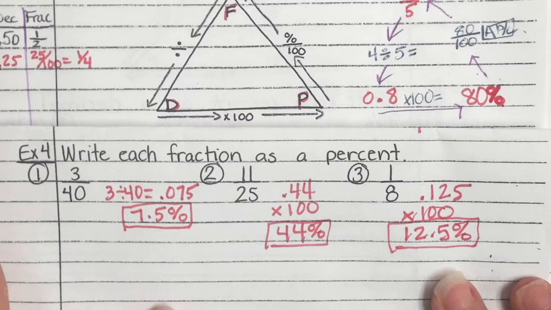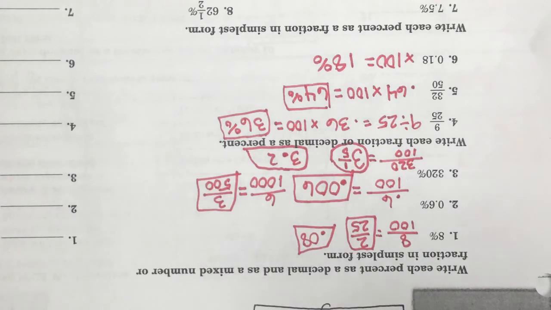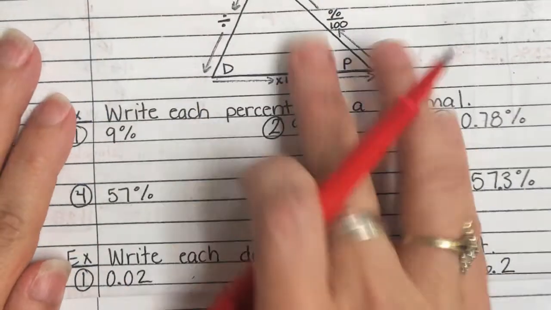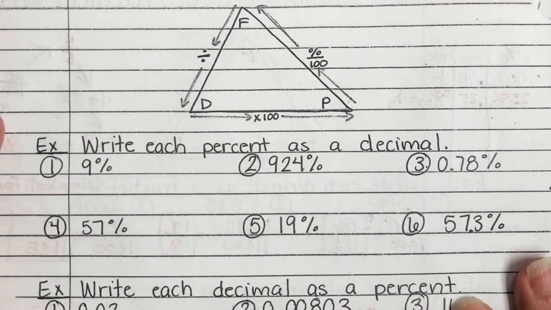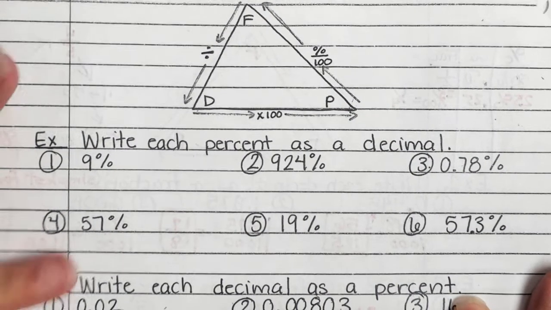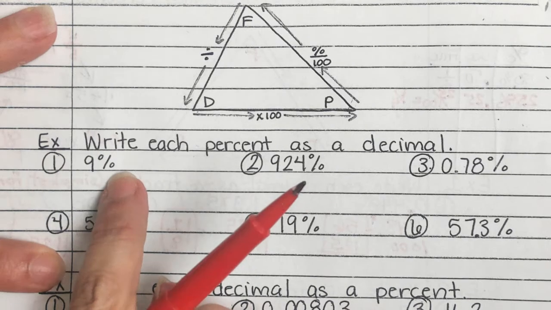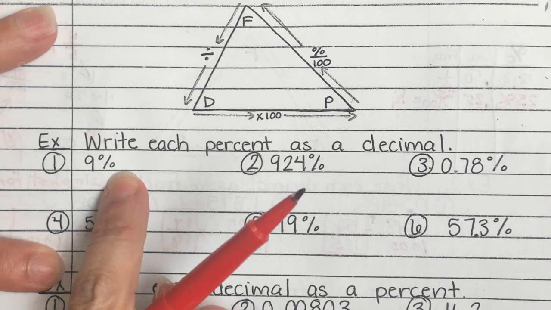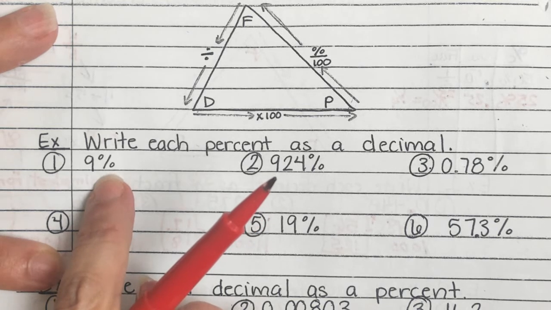Okay. Now, on the back, there are 2 other things we need to conquer. They just rewrote the triangle in case it'll help you so you don't have to flip it over 100 times. Starting out, if you are going to change a percent to a decimal, this is where I go back to my method.